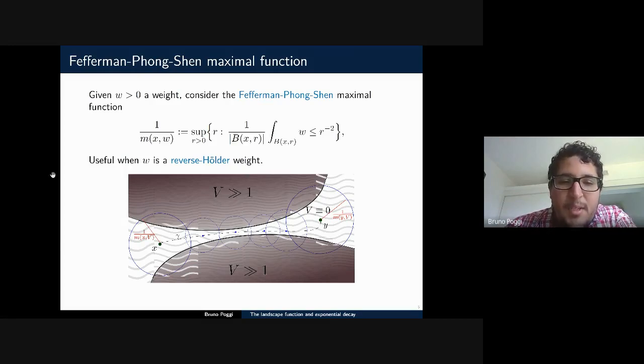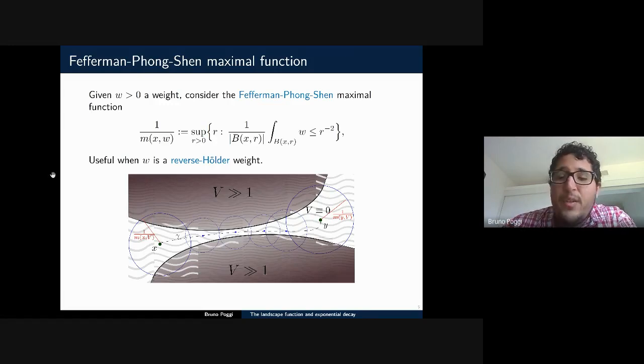Now, in this picture, you have 2 points X and Y. And suppose that the potential V is identically 0 on this large part that connects X and Y, right? And then on this other brown part, V is much bigger than 1. It's just very large. But on this white part, V is just identically 0.